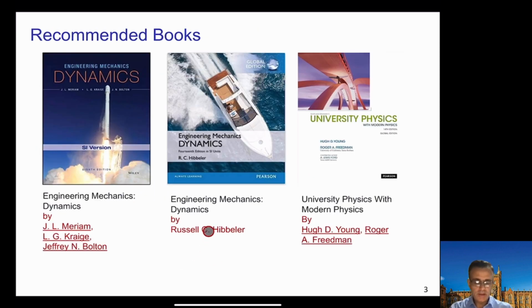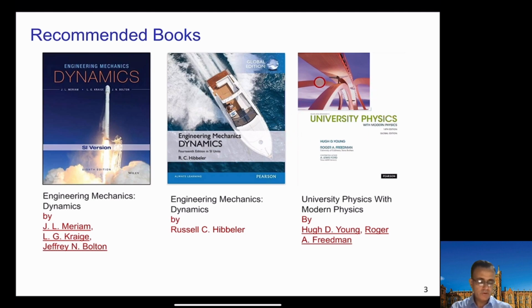So as you can see on this slide, there are some recommended books that we will follow for the mechanical part of this module. The first book, as you can see here, is Engineering Mechanics Dynamics by J.L. Meriam. The second book is Engineering Mechanics Dynamics by R.C. Hibbeler.